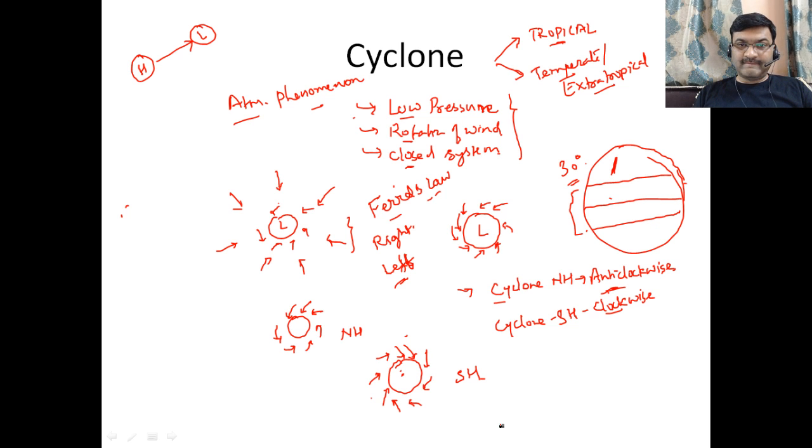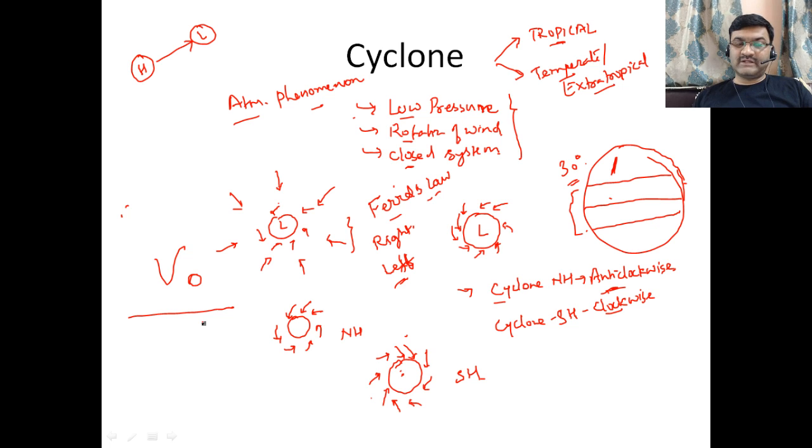So cyclone essentially consists of three things: low pressure, rotation of the wind, and a closed system. Suppose a cyclone occurs in the Bay of Bengal. This is India. Okay, the cyclone occurs here. What will be the direction of rotation?